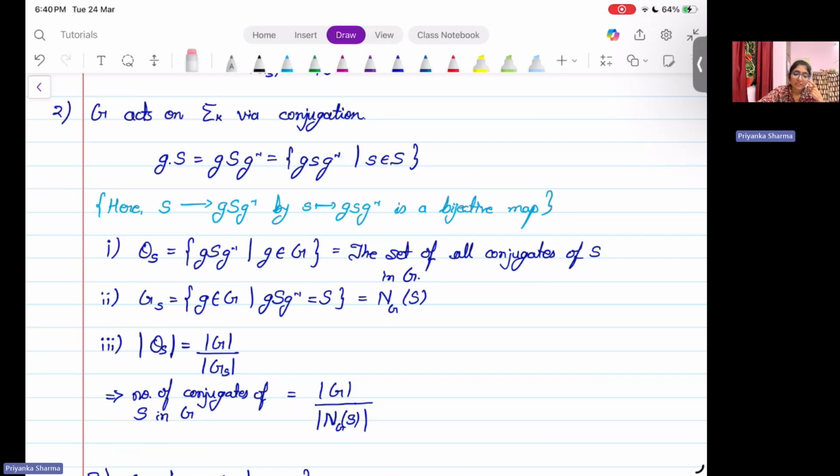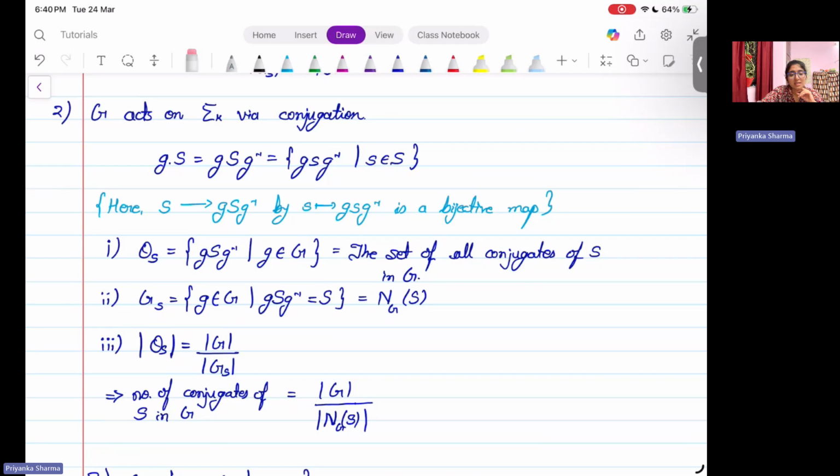So what will be the orbit of S? So orbit of S is the set of GSG inverse, where G is coming from the group G. So this GSG inverse is actually the conjugates of S in G. So orbit of S is the set of all conjugates of S in G. Okay.